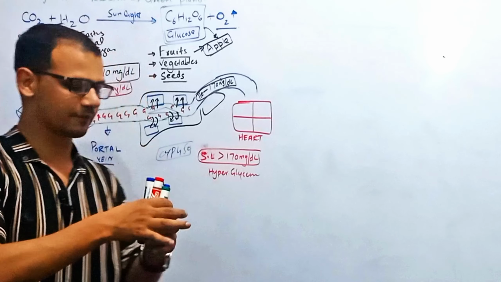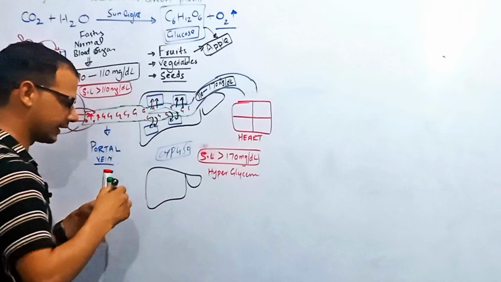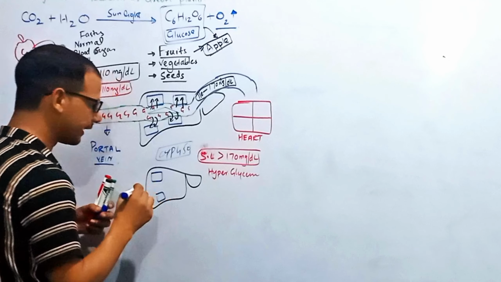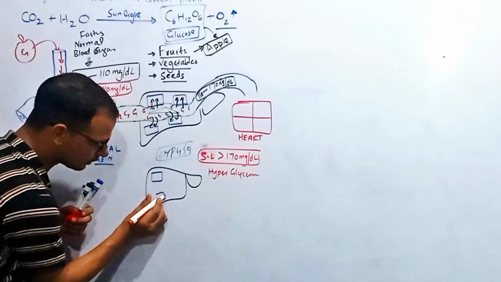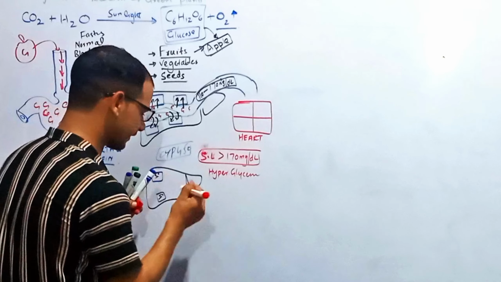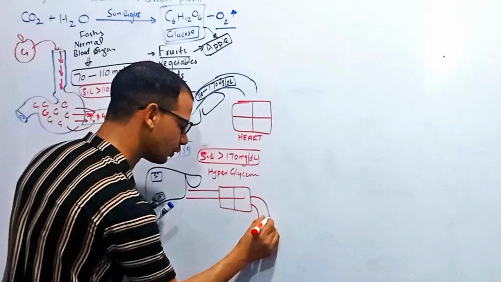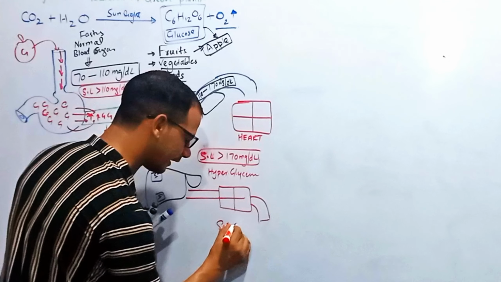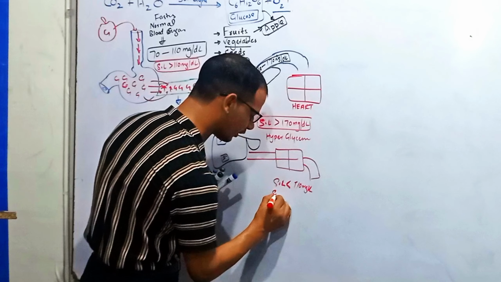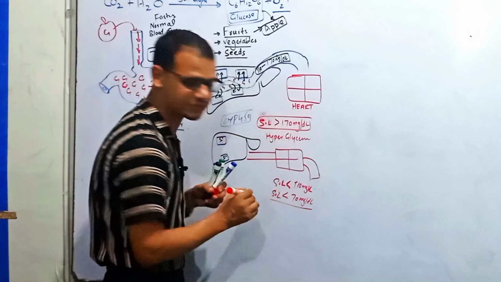How? For example, we have the liver here, that same liver, and here we have hepatocytes, and from here it stores glucose in the form of glycogen. For example, in systemic circulation, the sugar level becomes less than 70 mg per dl in fasting condition.